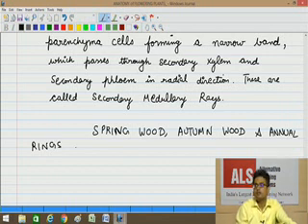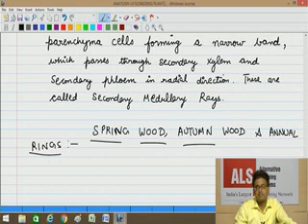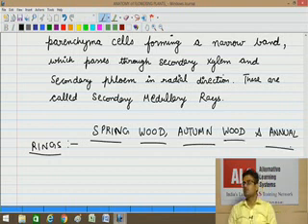Okay. So I want all of you to look at your desks. Everybody is sitting on a beautiful wooden desk. Everybody is sitting on a very fine specimen of, I think, Tectona grandis wood.